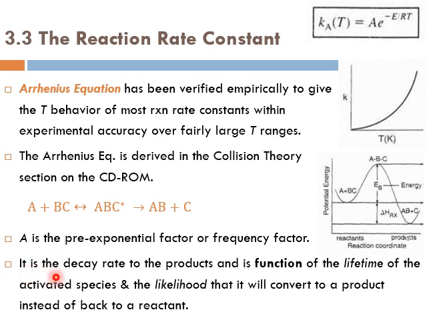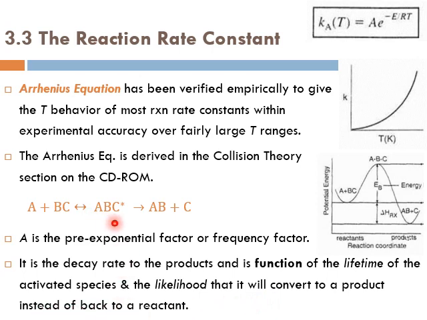So A, in fact, is the decay rate to the products. So it's the rate at which this activated species will decay to the product, and is a function of the lifetime of the activated species and the likelihood that it will convert to a product instead of back to a reactant.